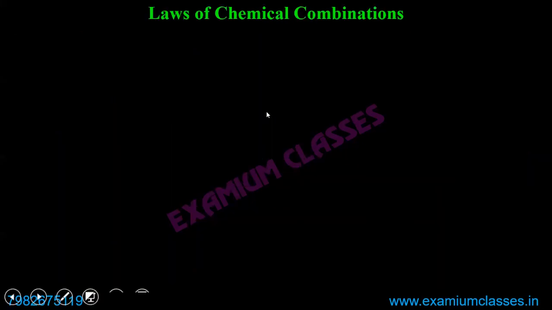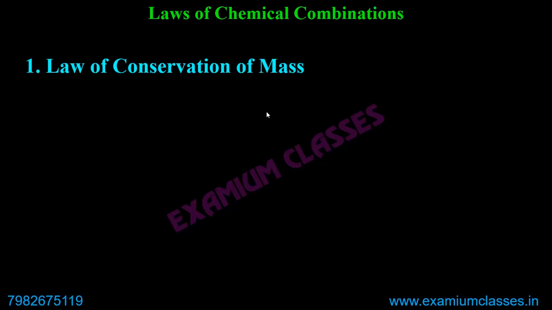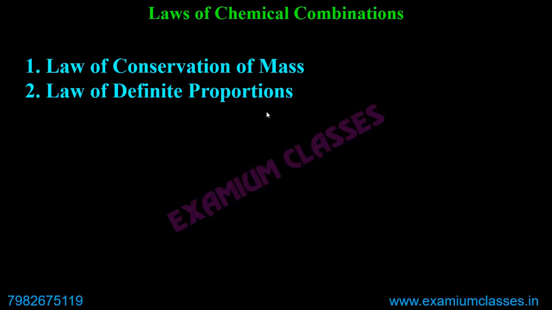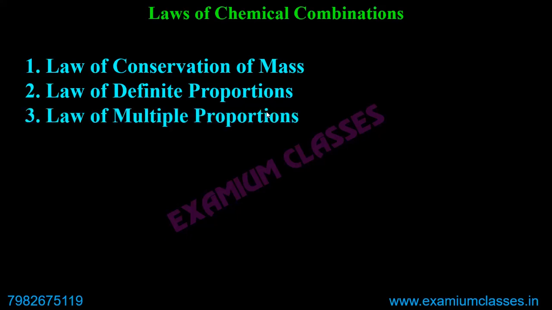Next part is laws of chemical combinations. In CBSE, there are 5 laws of chemical combination, and one more which is specifically for JEE and NEET. The first one is law of conservation of mass, which you have done in your previous grades as well. Law of definite proportion, law of multiple proportion.